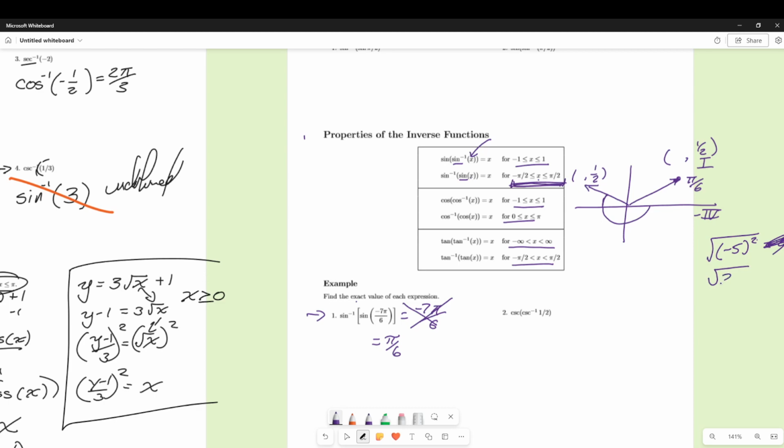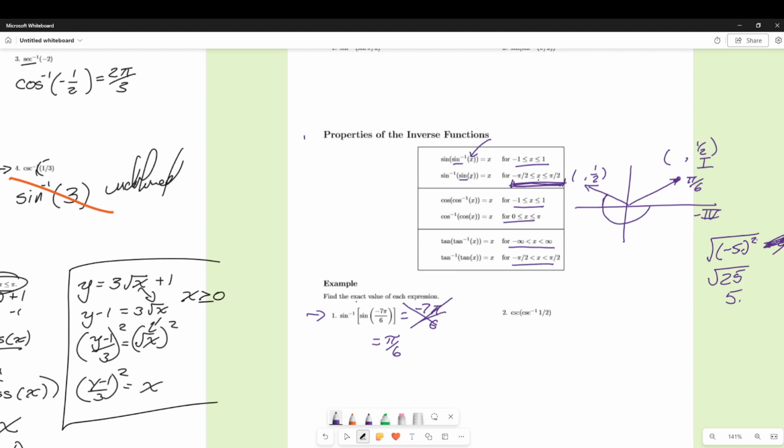But it can output something else whose square gives you the same thing that negative 5 does. Negative 5 squared is positive 25, and the square root of positive 25 is 5. It's not plus or minus 5. It's just 5. Again, it's not as dramatic of a change as from -7 pi over 6 to pi over 6, but it's the same idea. And that takes some being careful with.